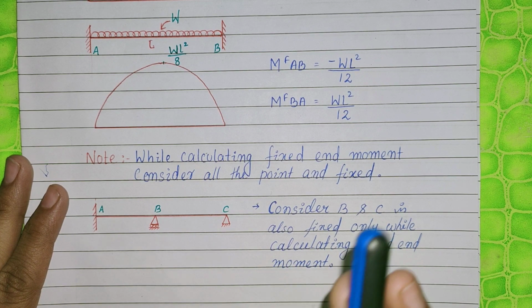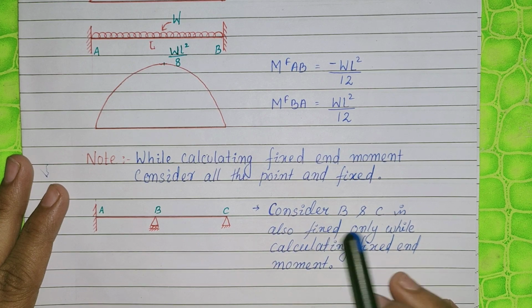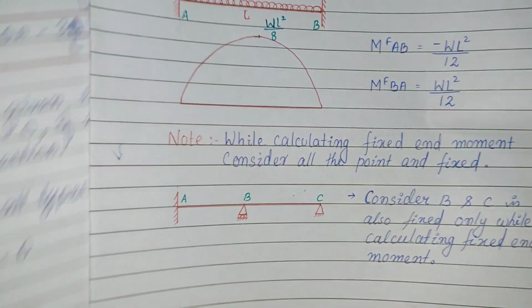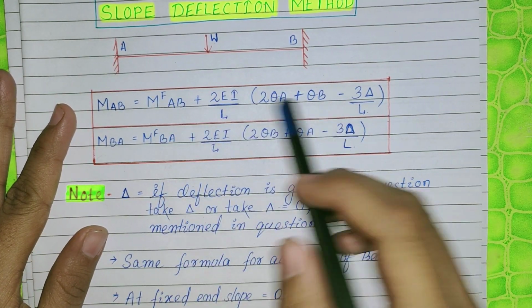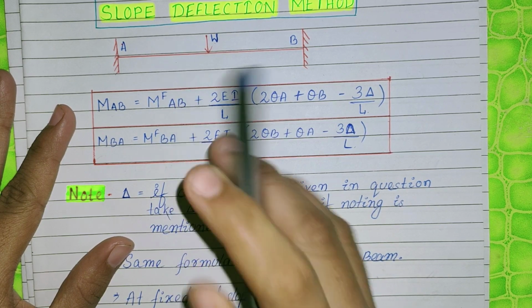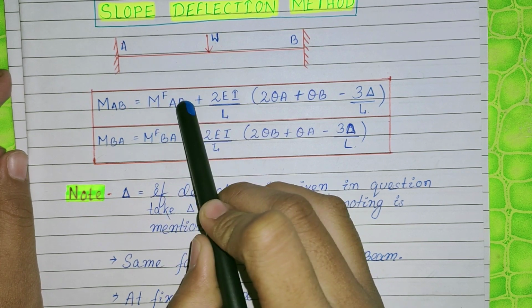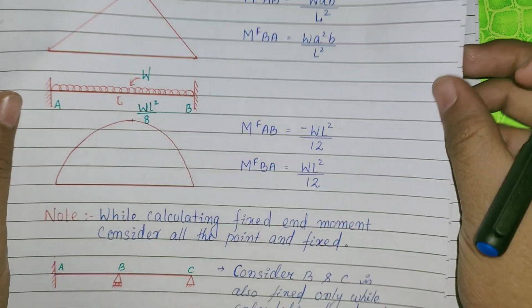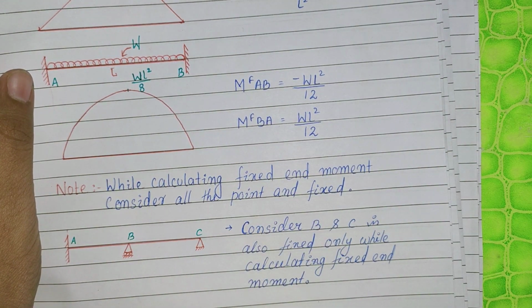That is, consider B and C also fixed. Only while calculating fixed end moments you have to assume that B and C are fixed.